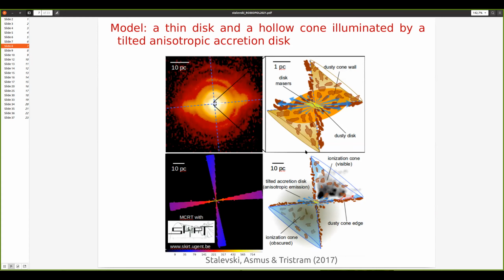So basically we have a thin layer of dust shaped like a hollow cone enveloping the ionization cone, and then we have a tilted anisotropic accretion disk, which is producing this kind of emission.